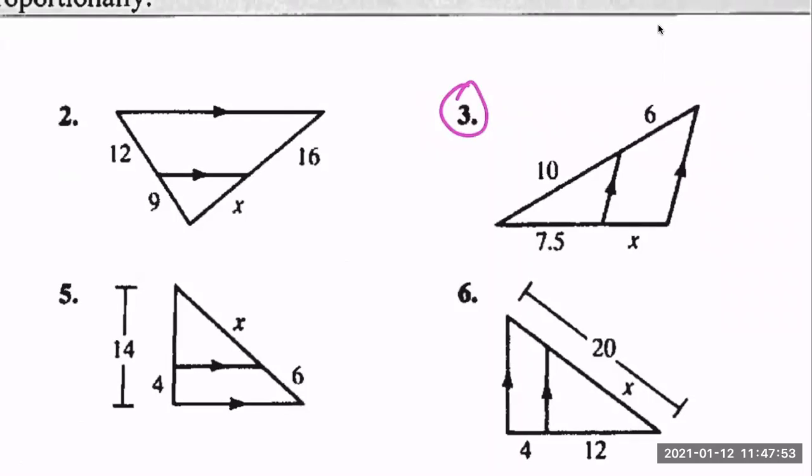Okay, so a triangle problem where the line that is parallel to the third side cuts across and divides these sides proportionally. So if I were to do 10 to 6, I'll give you guys the first ratio. Can you guys write what would the second ratio be equal to?